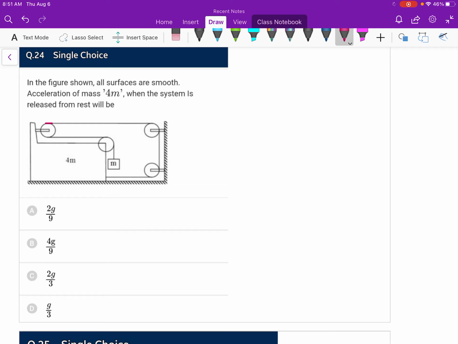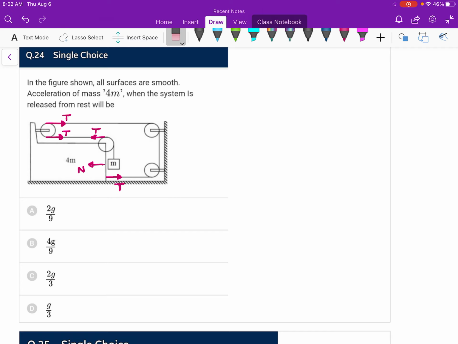On the wedge, this is T, this is T, and on the wedge, small m exerts a normal force in this direction, and this is T. I am showing only those forces which are acting horizontally on the wedge.